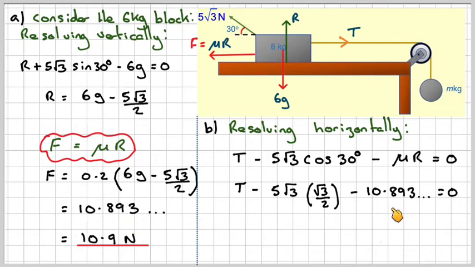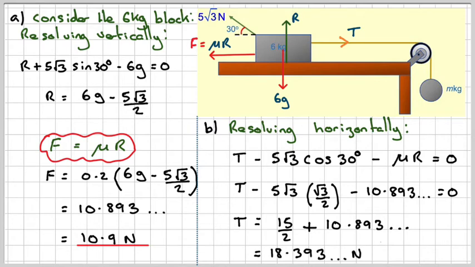You can keep that in your calculator. So T will be equal to 15 over 2, because √3 times √3 is 3, and 3 fives are 15, so we get 15 over 2, plus 10.893. So that gives a tension of 18.398 newtons. Again, keep that, because we're going to need that for the next part.